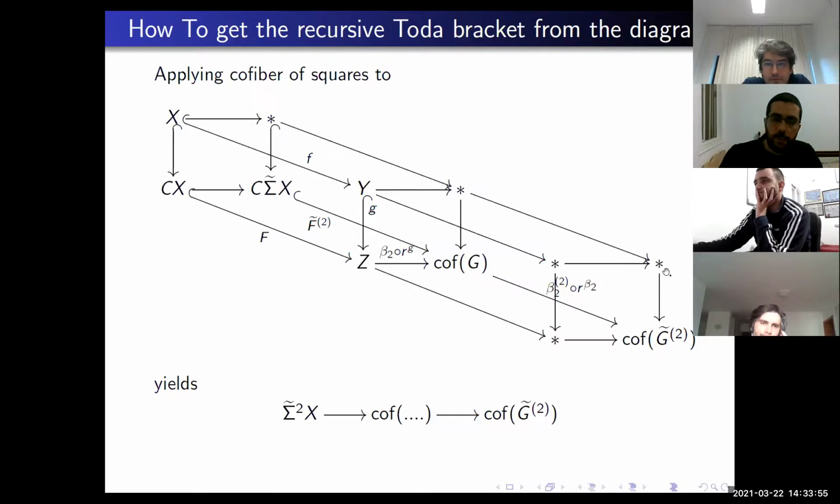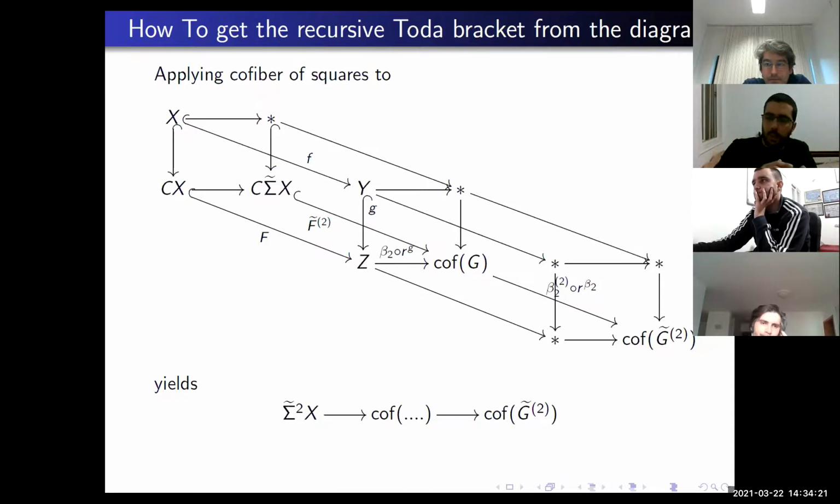If we apply the cofiber, the maps induced from the cofiber of this square to the cofiber of this square to the cofiber of this square, we compose and we get the recursive Toda bracket. Okay.